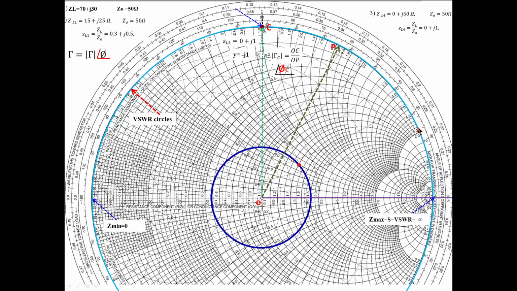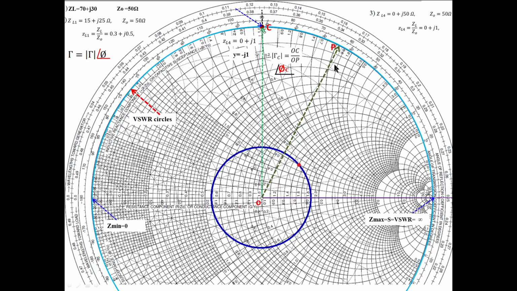Wherever this circle intersects on the right side, you stop here and read the value of resistance. Don't take this as R equal to 0, because here it is infinity. It is not a 0 Z maximum, it is infinity. Infinite circle.